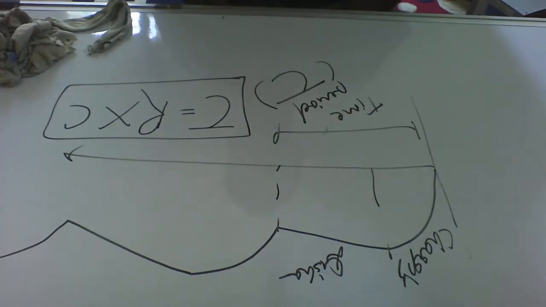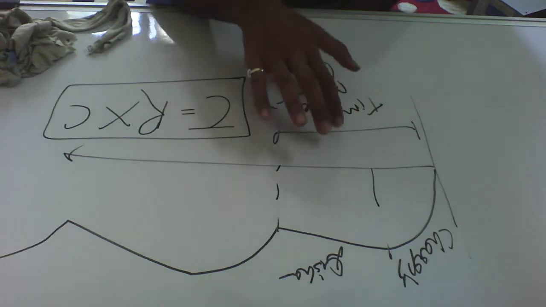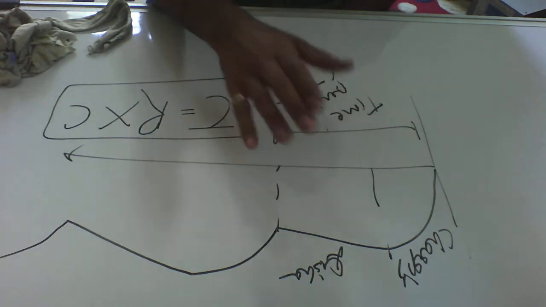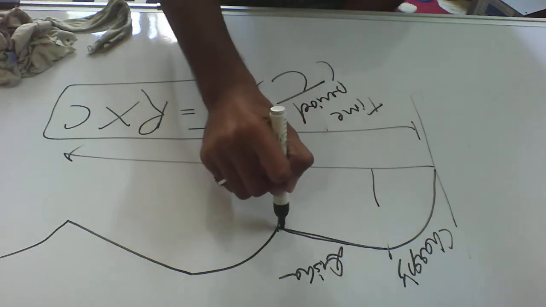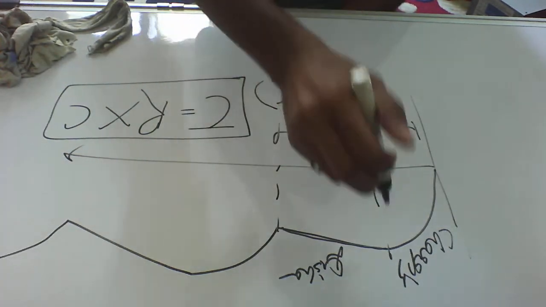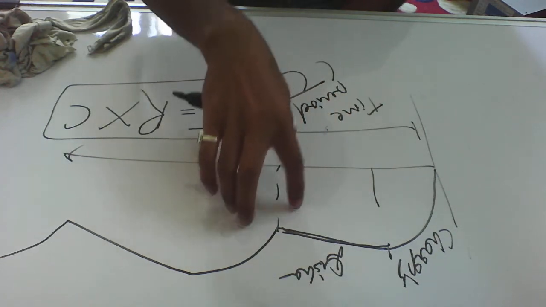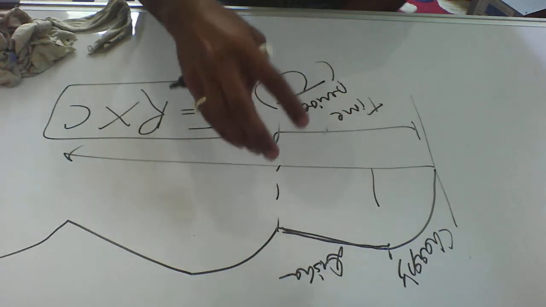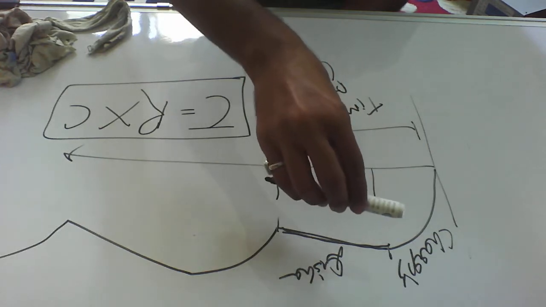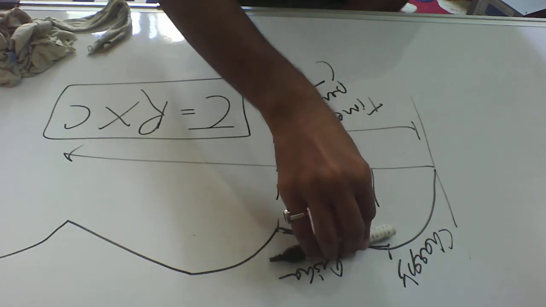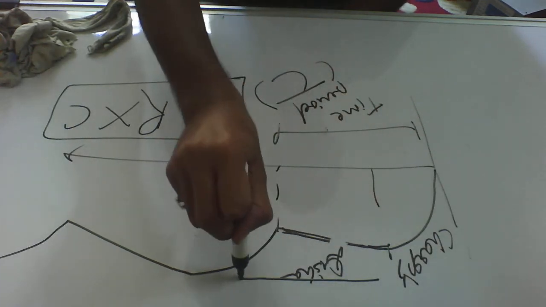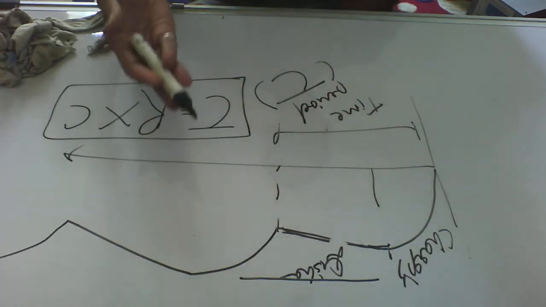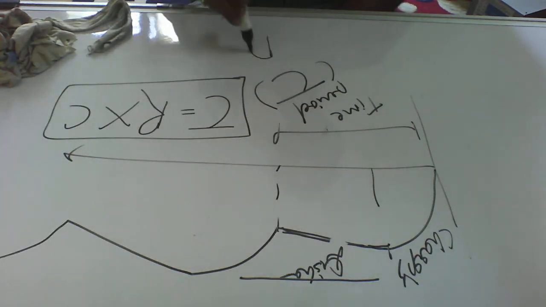So now, how can this concept be used to produce a DC supply? The discharging time of a capacitor can be varied in such a way that it produces a constant output, and constant output basically means DC, direct current.